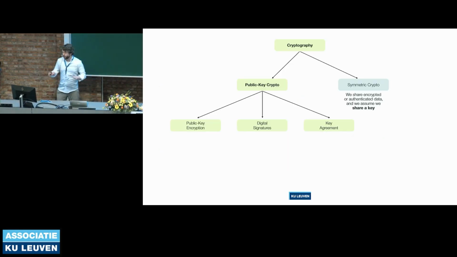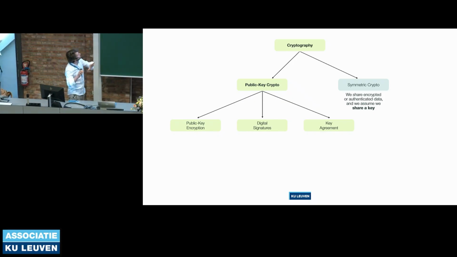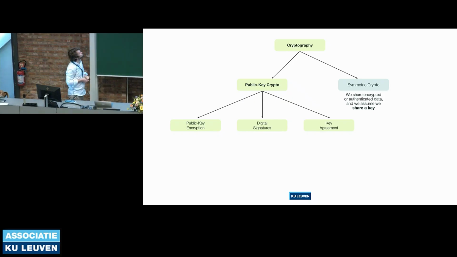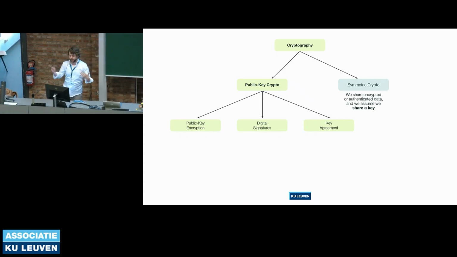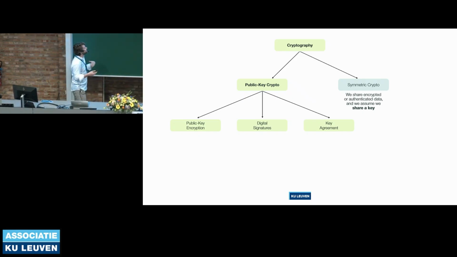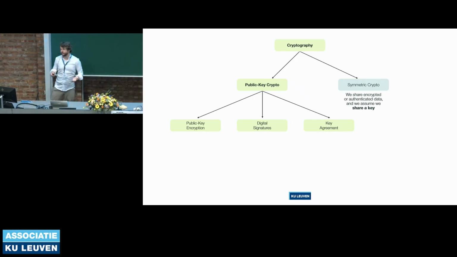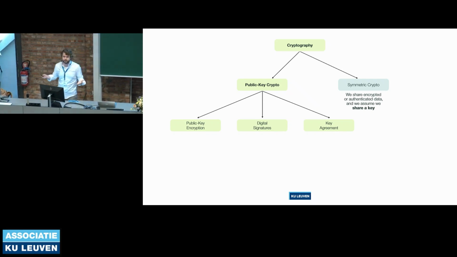So if you take a very quick global overview, cryptography is mostly symmetric and public key cryptography. And then symmetric crypto, you saw this morning, we already assume that we have some kind of key, and then we can do all of this amazing stuff like encrypt data or authenticate data and so on. But it assumes that you have a key, and in many cases that's not the case.